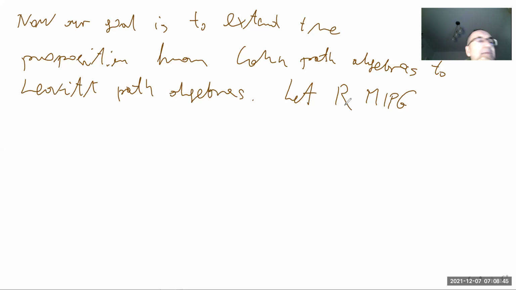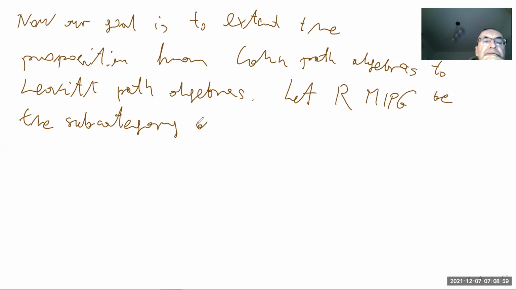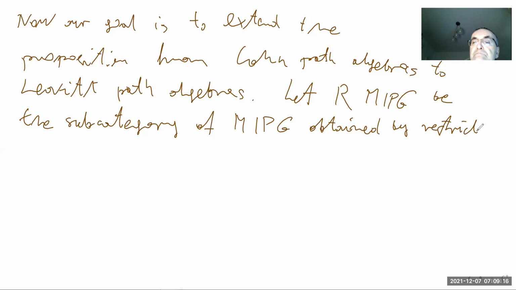So let R MIPG be the subcategory of MIPG obtained by restricting its morphisms. Objects are the same, all graphs.